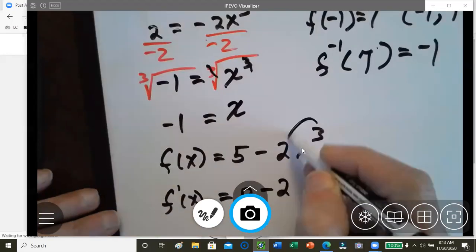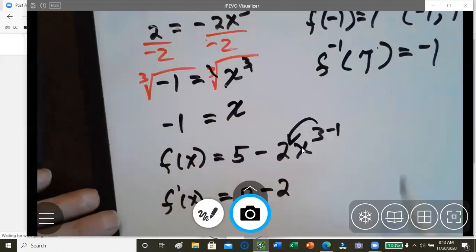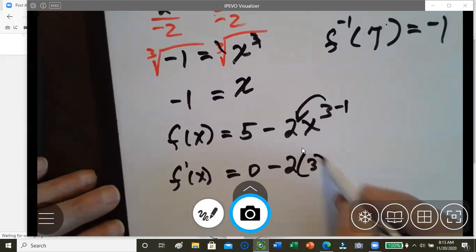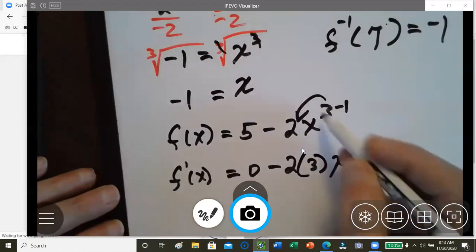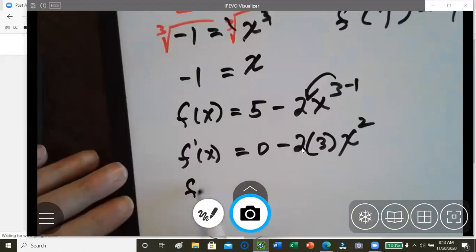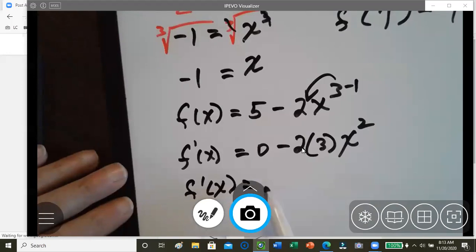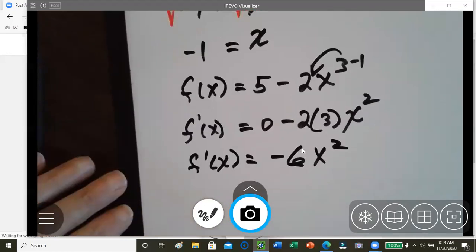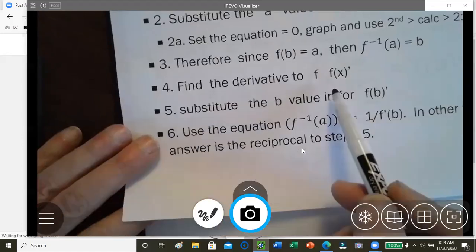We bring the 3 down and subtract 1, right? And so this will be negative 2 times 3x squared. So our derivative, f prime of x, is equal to negative 6x squared. Okay, so that's our derivative, and that's what we did here for step 4.